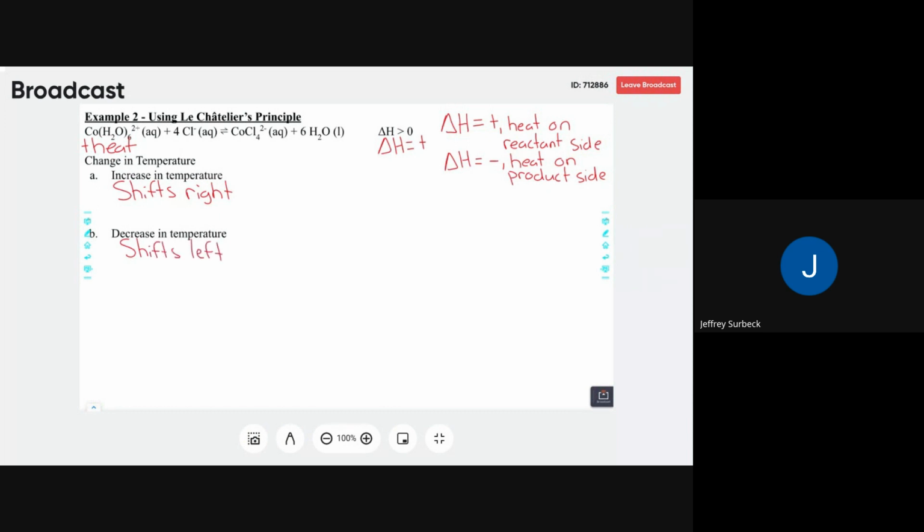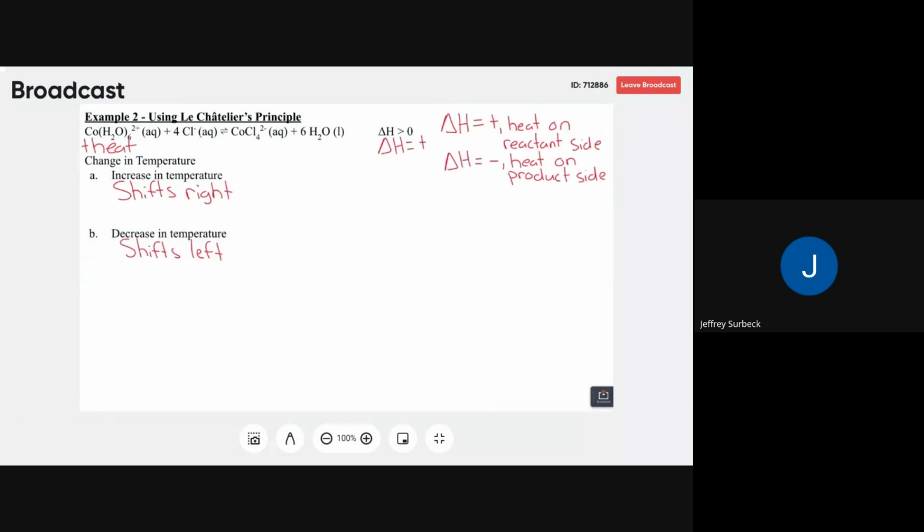Questions on this? Just FYI, if delta H was negative, where would we add heat there? To the right-hand side. Just in case you see something that says this is the negative delta H. All right, questions? Anybody need this?